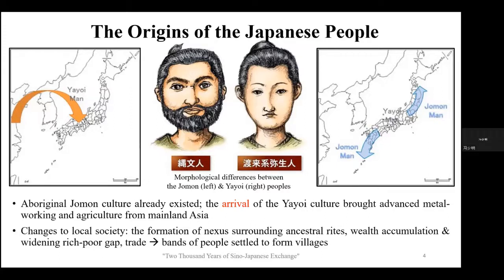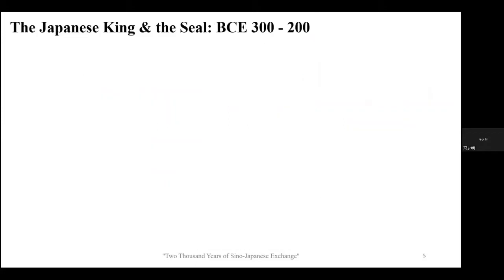And this resulted in many changes to the local society. For example, there was a formation of small nexus, and there are people who perform ancestral rites. This was a social habit that was derived from the mainland. And as a result, there was a wealth accumulation and a widening rich-poor gap, right? And people from hunter-gatherers started to settle down and to form villages.